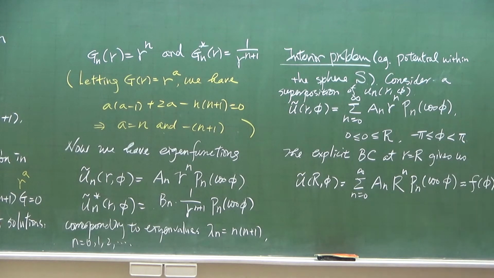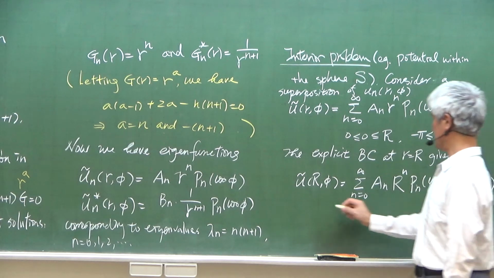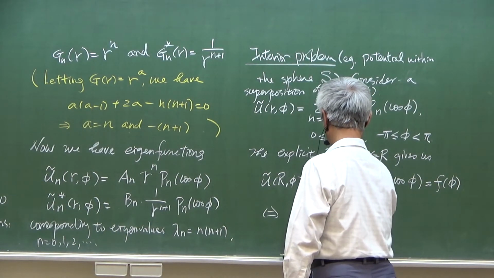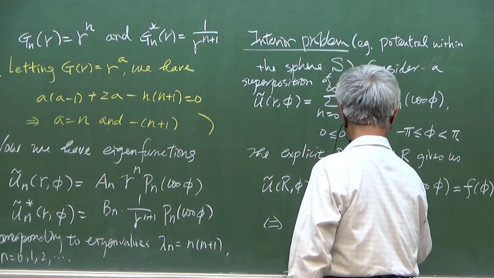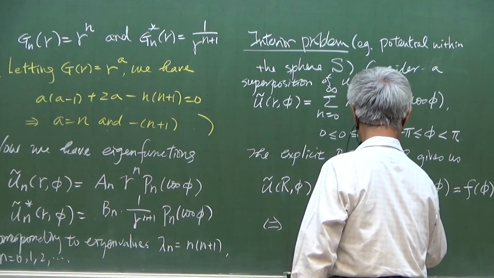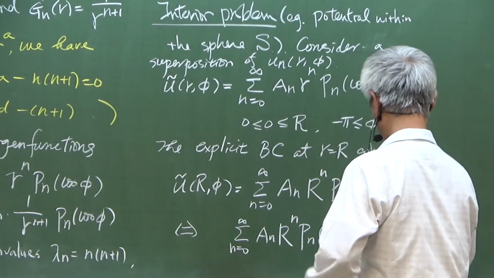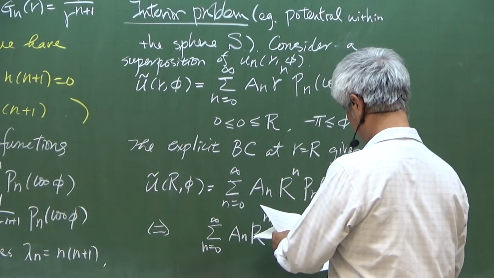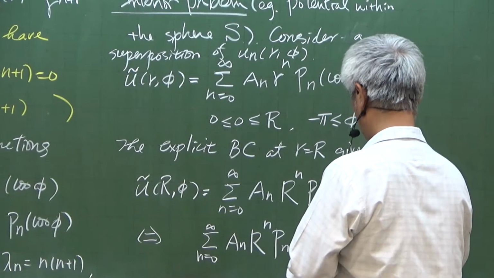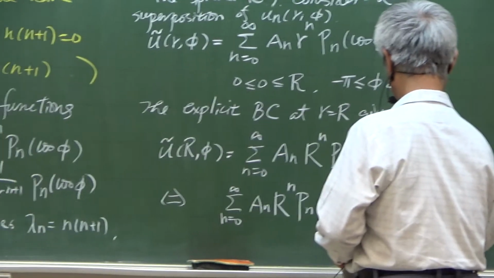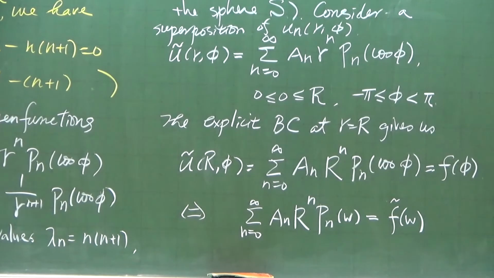Okay, so we have that. And so this is corresponding to summation n equal to 0 to infinity an R to the n Pn of w equals F tilde of w.